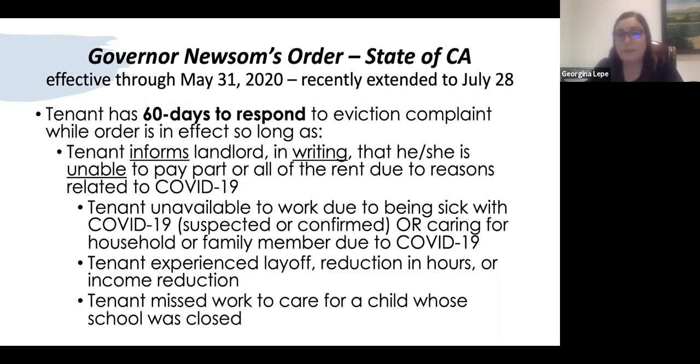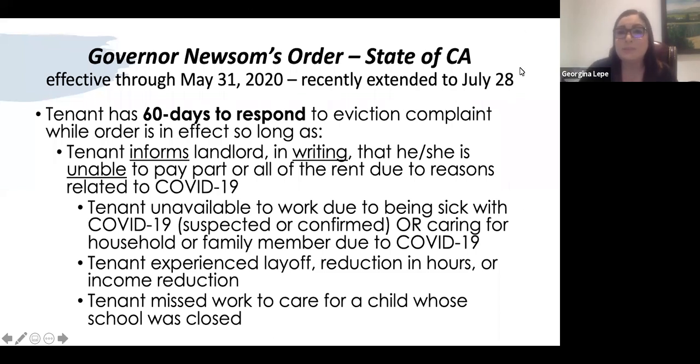So remember, whenever Governor Newsom makes an order, it applies to the entire state of California. When Mayor Garcetti makes an order, it only applies to the city of LA. It does not apply to the entire county of LA. I know people get confused because when he speaks, he sort of speaks on behalf of LA County, but not really. It's just the city of LA that he's speaking in regards to.